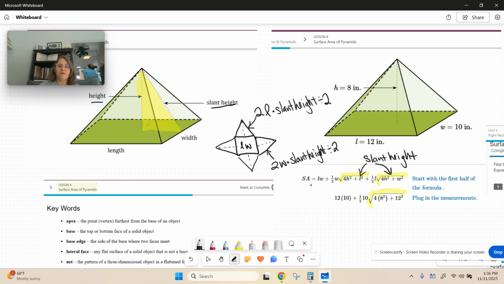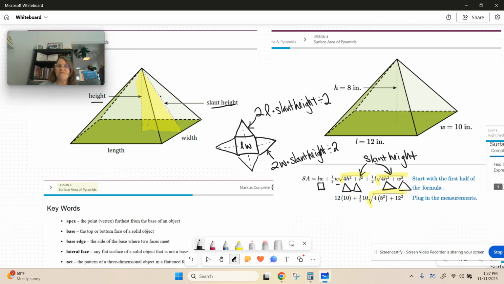So in the formula, you've got length times width, that's the square base. All of this is for the 2 triangles that are attached to the width, and this other expression is for the other 2 triangles that are attached to the length.